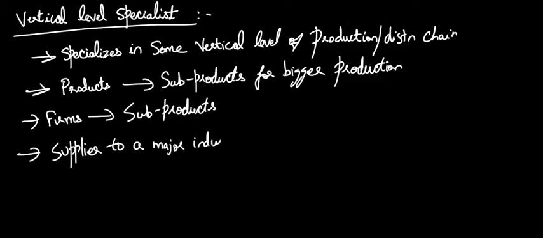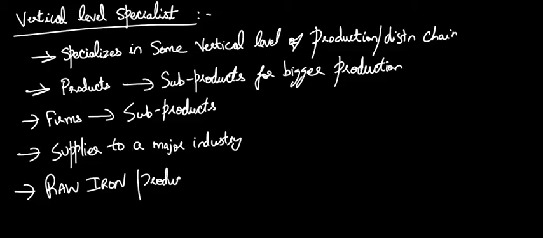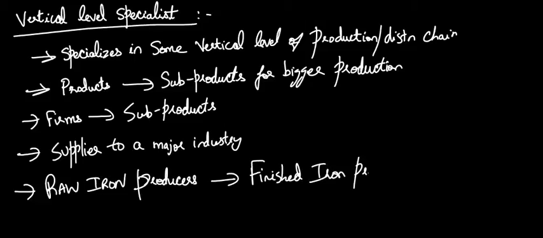For example, raw iron producers who serve as suppliers for finished iron products. These are vertical level specialists. And the next type of specialization is customer size specialist.